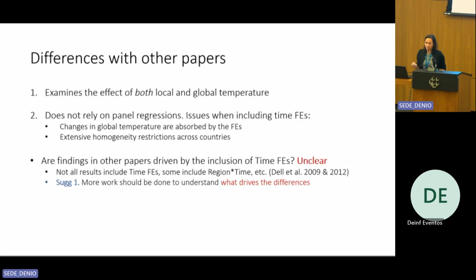And then there are other papers that do include time fixed effects, but they make more flexible assumptions. They include region-time fixed effects, or poor-country time fixed effects, to relax this restriction. And what they show is that however you enter this time fixed effect, the results do not change.